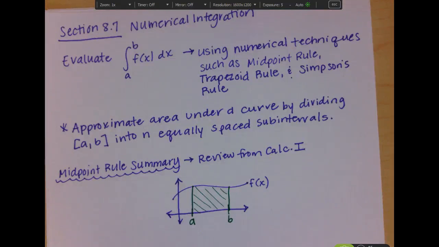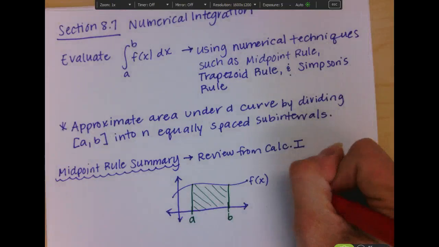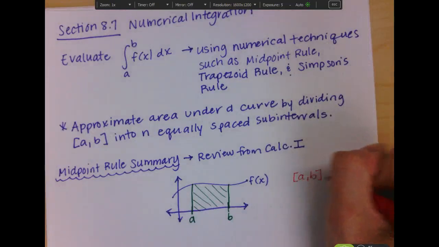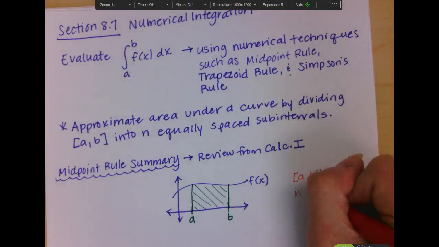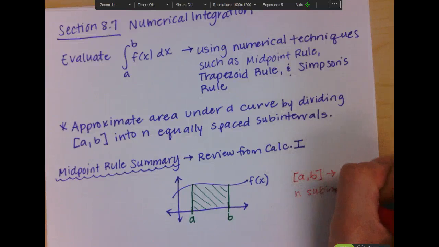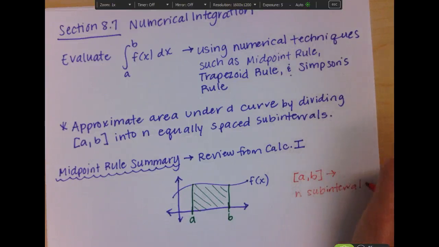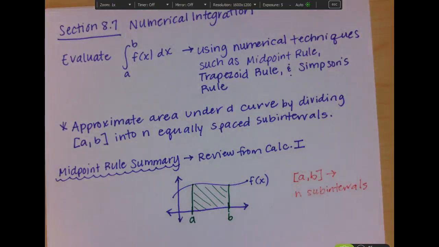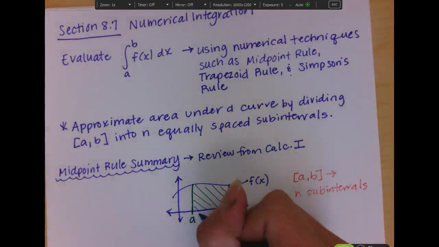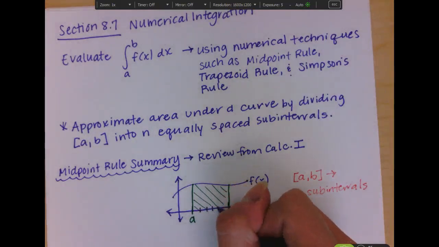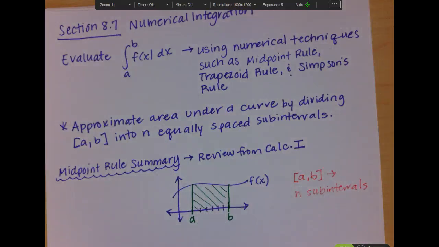The idea here is that we're going to take b minus a, and we're going to divide it into n subintervals. Remember, in doing that, I create these equally spaced regions.